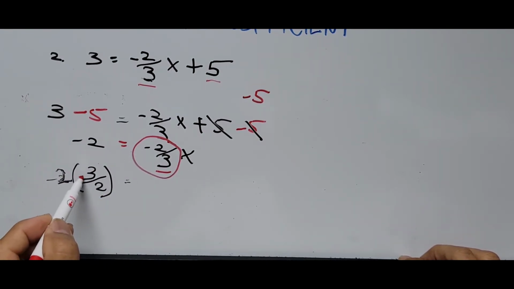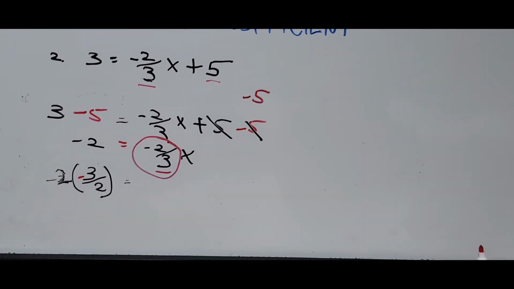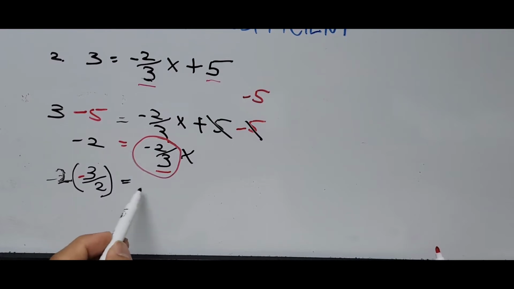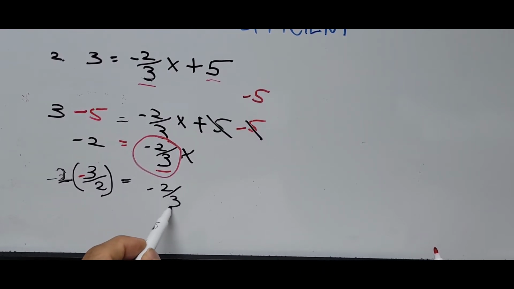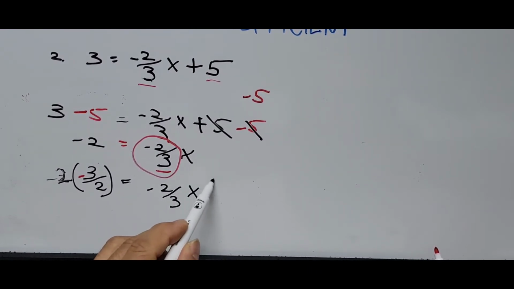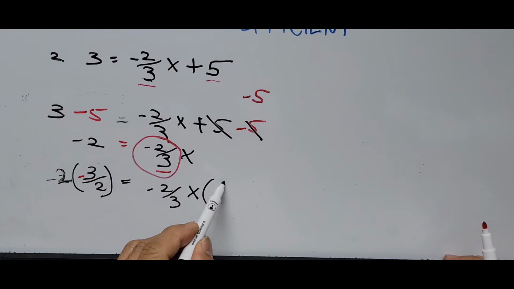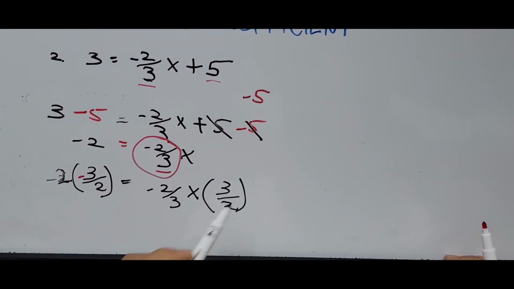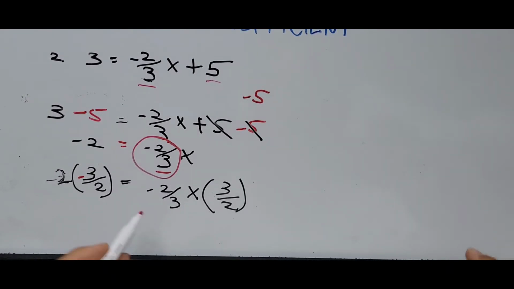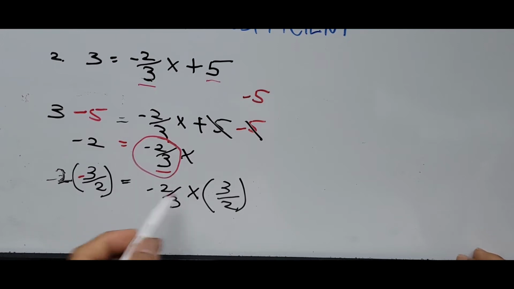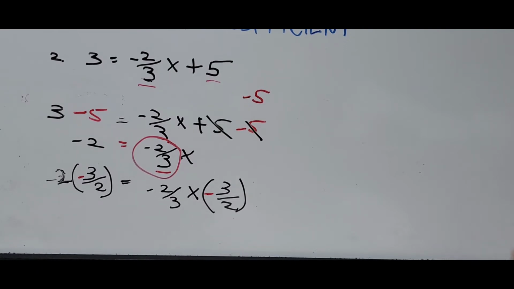So we should put a negative right there. The same thing over here: what we do on the left, we do on the right. So negative 2/3 x multiplied by the inverse 3/2. And to make the variable positive, we get negative 3/2 on the left side, and the same on the right side.